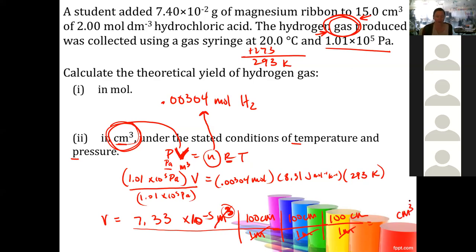And so 7.33 times 10 to the -5 times 10 to the 6. Looks like we've got 73.3 cubic centimeters of hydrogen gas. Good? I think so.